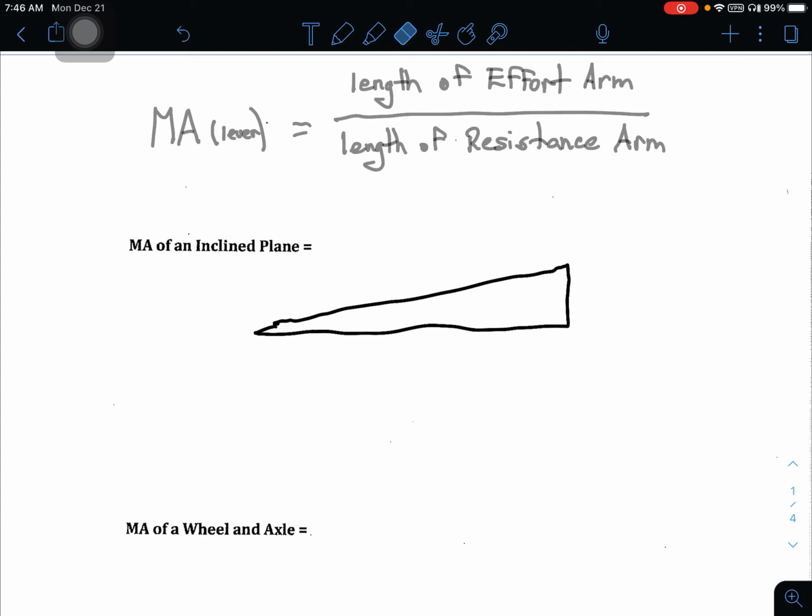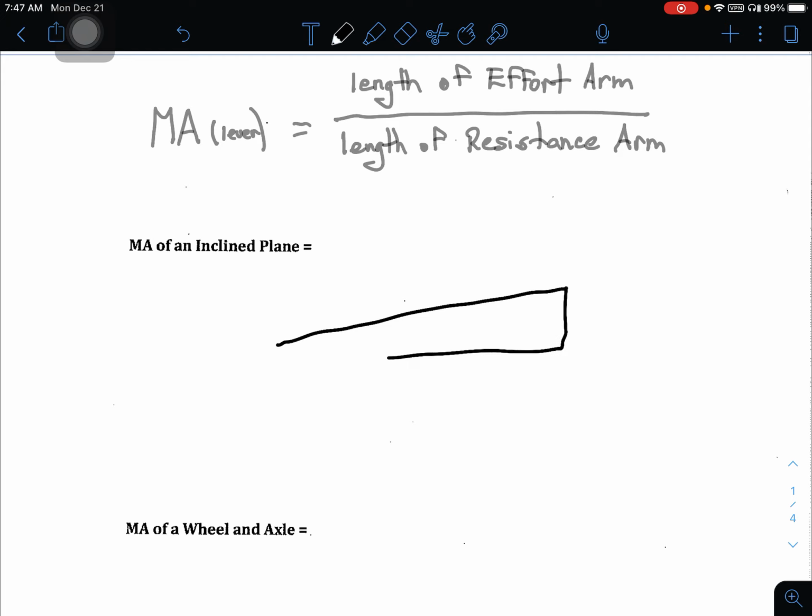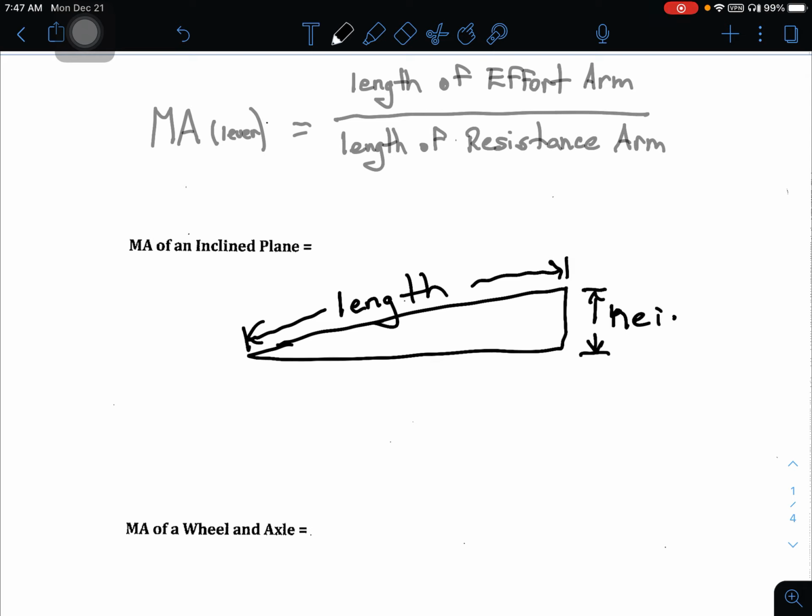Okay, and the slope of the line is going to be, whoops, just erase my inclined plane. Let's put it back. Is going to be determined by taking the length of the plane, distance from here all the way down to here, and then the height of the plane.